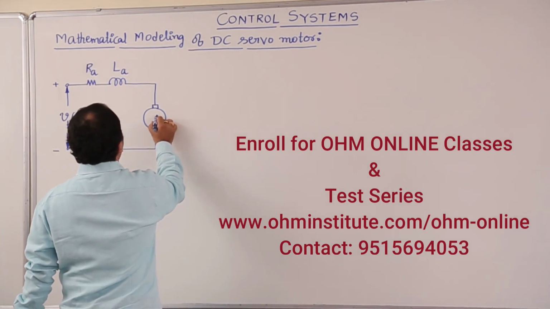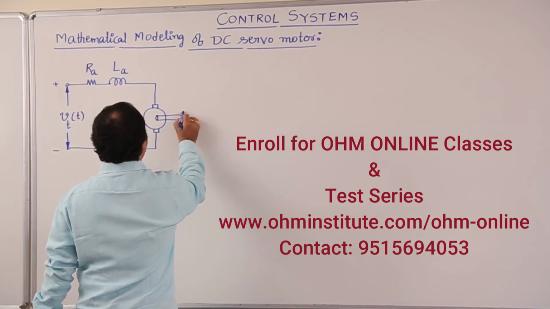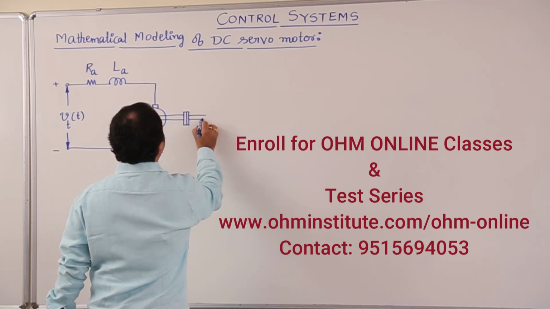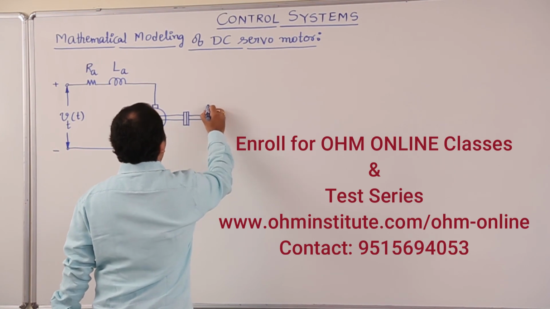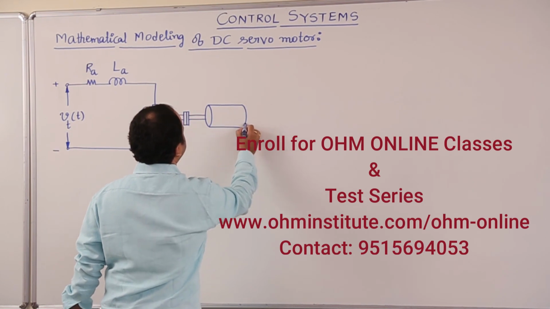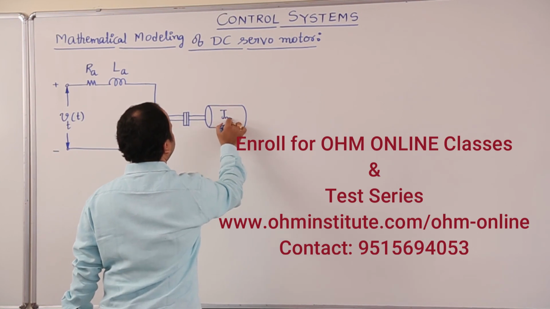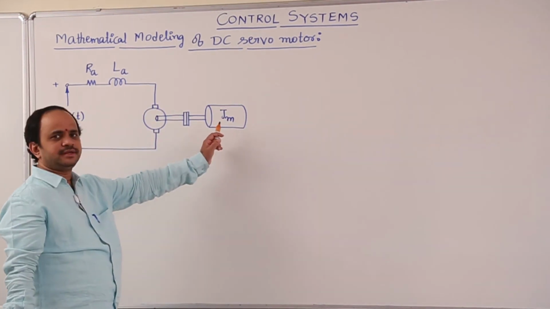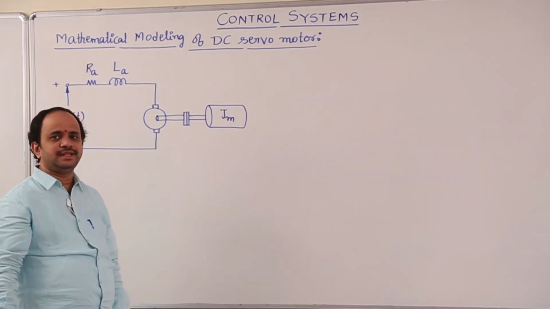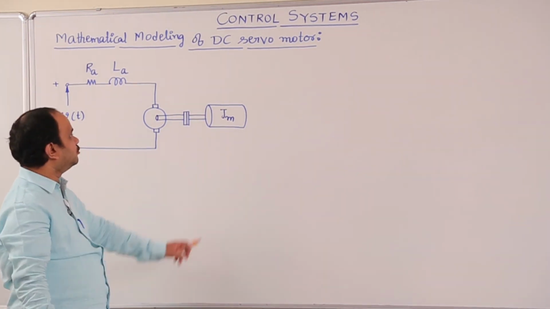And here this armature is mechanically coupled with some load, and armature side and load side components can be combinedly represented with one parameter, Jm, the moment of inertia, which is the equivalent of armature side and load side moment of inertia.